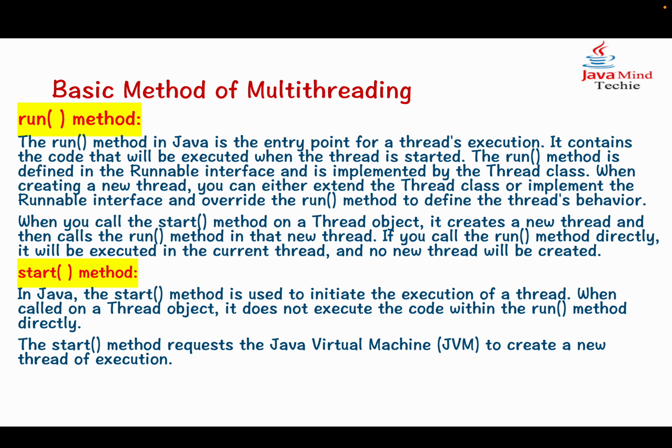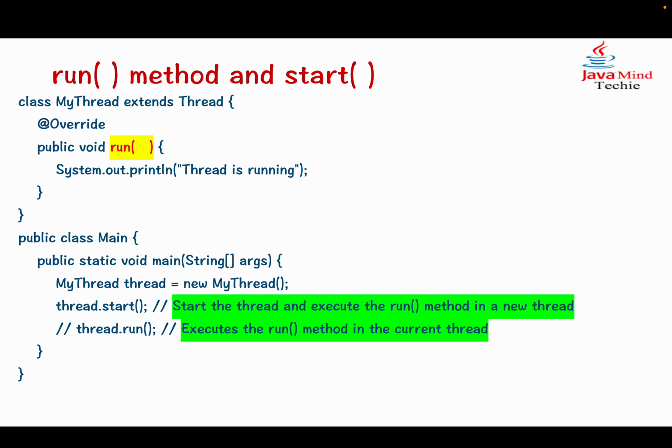It will initiate it. Yes or no, guys? The start method requests the Java virtual machine to create a new thread of execution. That thing is happening internally. We are calling only the start method, but internally, guys, this method requests the JVM to create a new thread by calling the run method. Correct, guys? Yes.